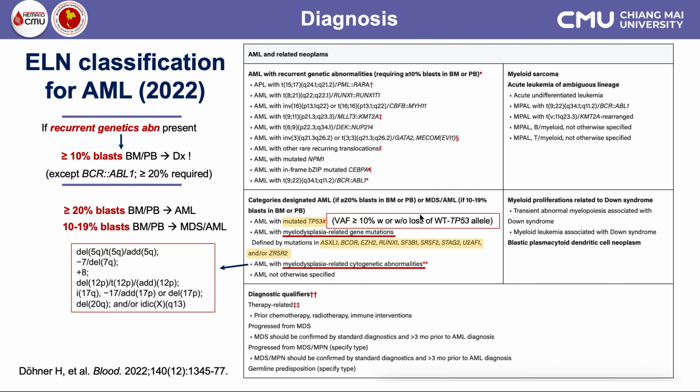Moreover, the specific group of chromosomal abnormalities is also mentioned in terms of genetic testing. AML, myelodysplasia-related is another distinct entity arising from different leukemogenesis, requiring special selection for treatment, and prognosis is different from de novo AML.